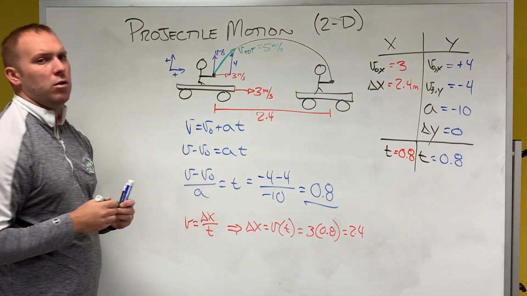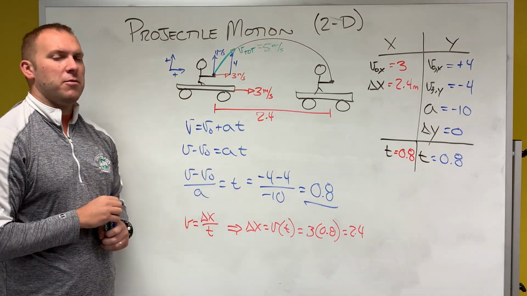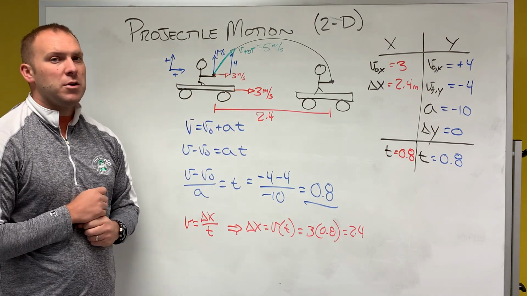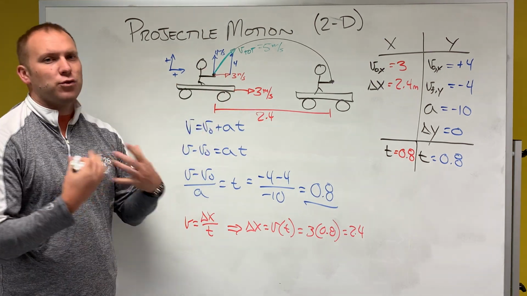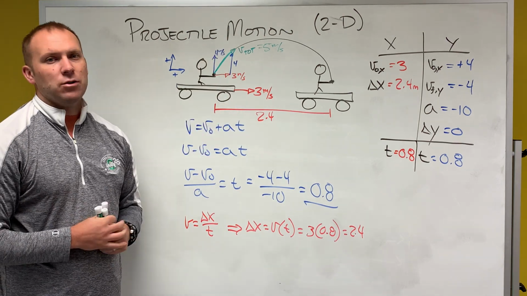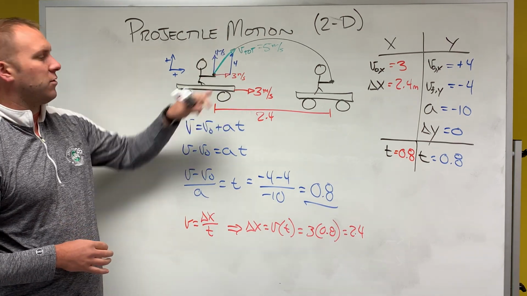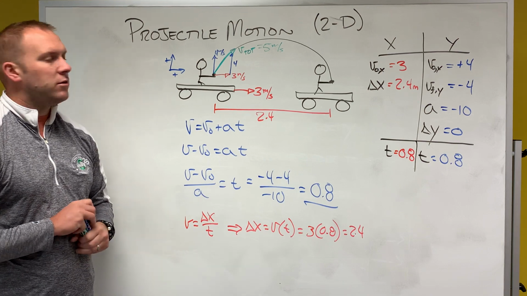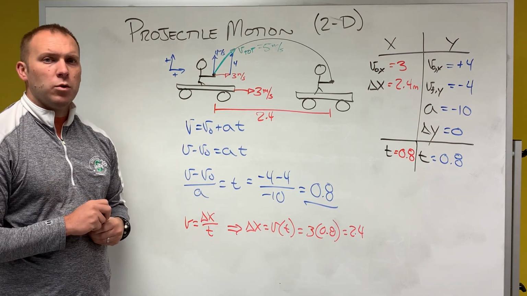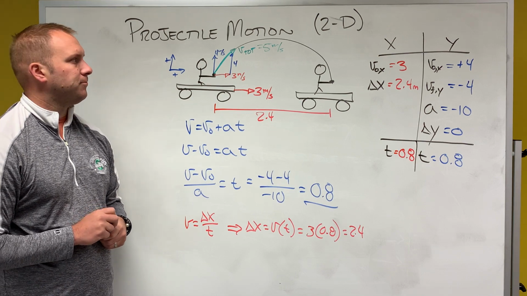So even though the ball was only thrown up by myself at 4 meters per second, because the car was actually traveling at 3 meters per second, the ball itself is traveling at 5 meters per second up at an angle. If we wanted to, we could solve for that angle using tangents, and we could work through that just like we would when we're working with vector addition.